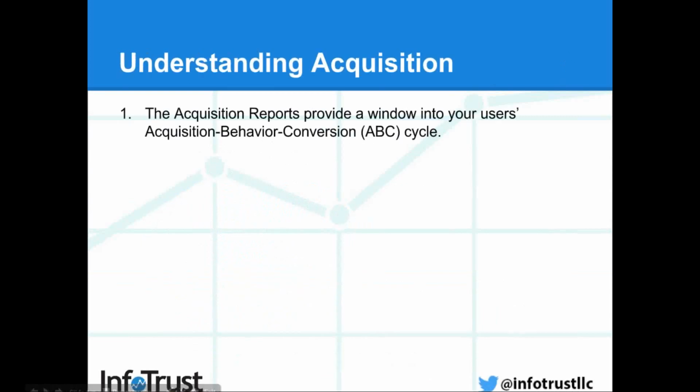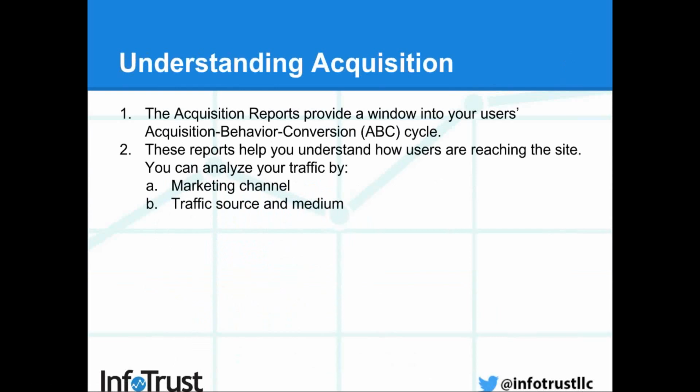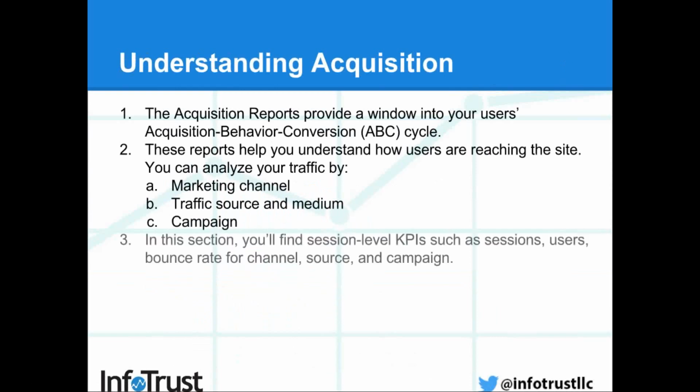So first of all, we'll start very high level with the acquisition reports in Google Analytics. These reports are entirely focused on helping you understand how users are arriving on your website. So you can analyze your traffic by marketing channel, or more specifically, the traffic source and medium, or via different campaigns that you're running.